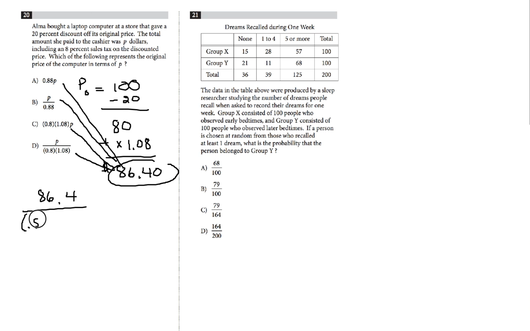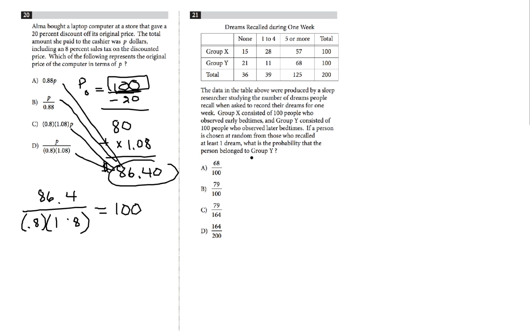And I'm going to get 0.8 times 1.08. It's going to come out to be 100, which is the price that I put in. You guys maybe were able to do it without using the 100 and working through numbers, so it doesn't look like it was that difficult of a problem for you. But 7 of you still missed it. So when I do these, I always pick 100. I pick a number, I get an answer, and then I plug it back into the equations. We can talk more about this in class.